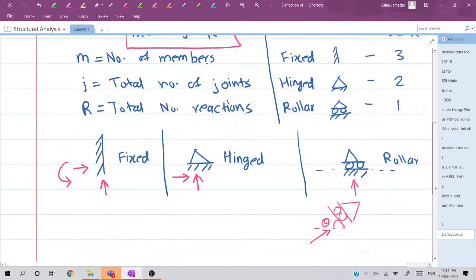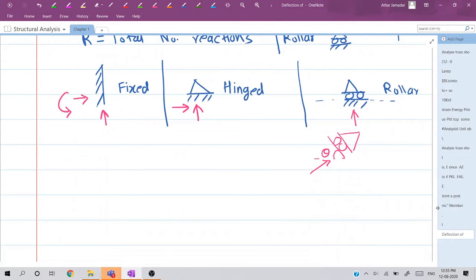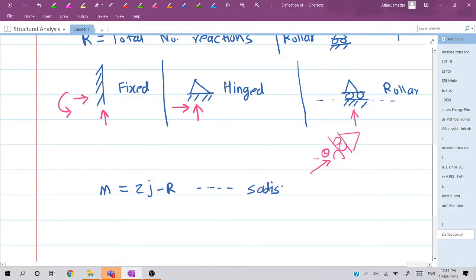This formula, m is equal to 2j minus r, if it is satisfied, then your truss is a determinate truss. Remember this.